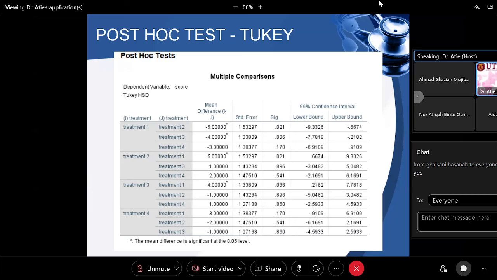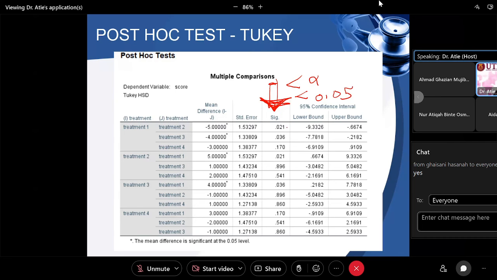So how can we detect who is actually different? What you need to do is refer to the significant column. Whatever value is less than alpha, in our case our alpha is 0.05, I want you to highlight it or tick it, like this.